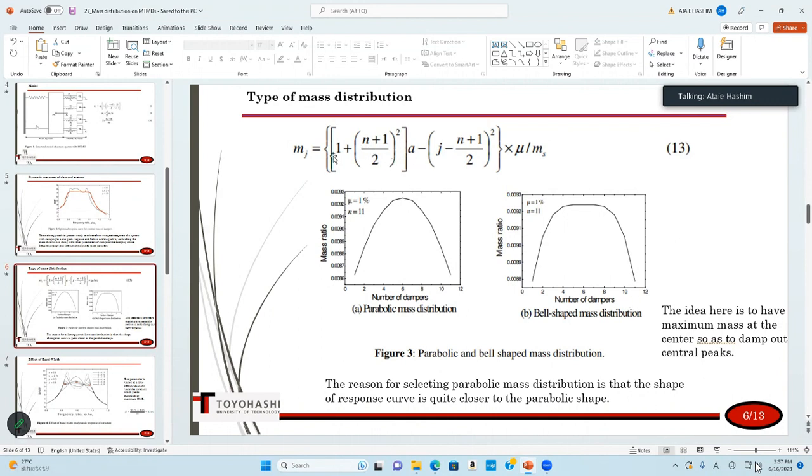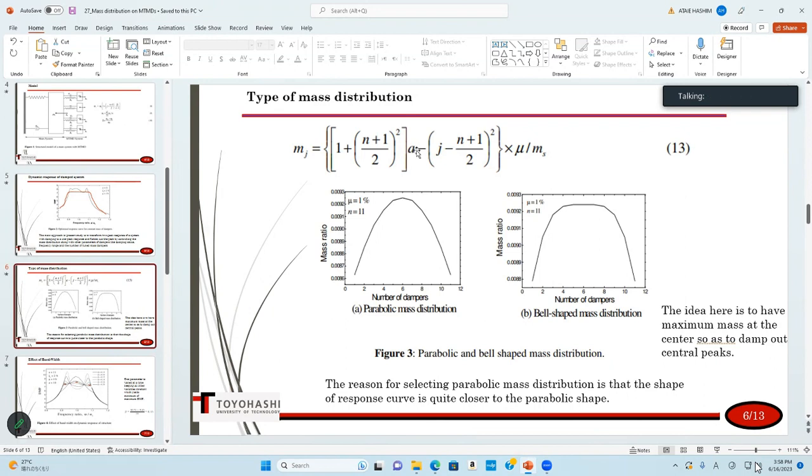Okay. We presented this equation just for this model, their own model. It's not a closed form for every theory. So, n is the number of PMDs, one is only the degree of freedom of the main system, and A can be any positive number.